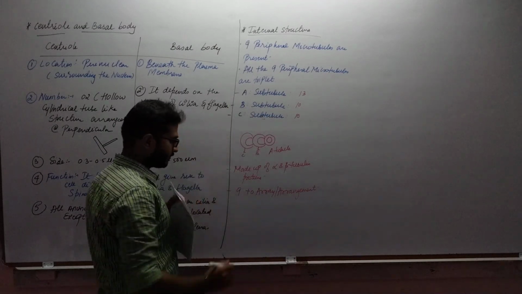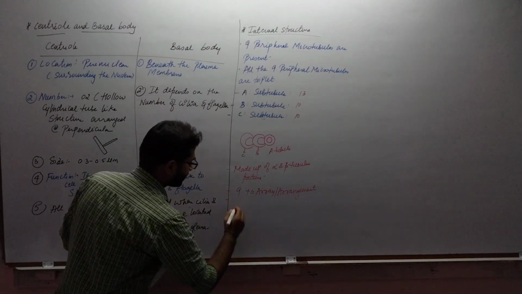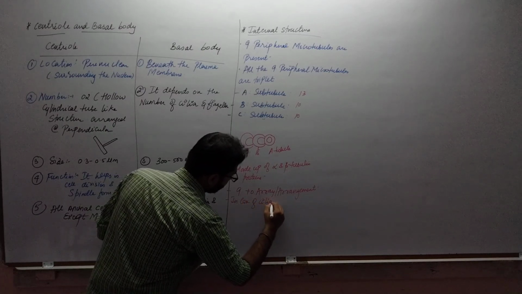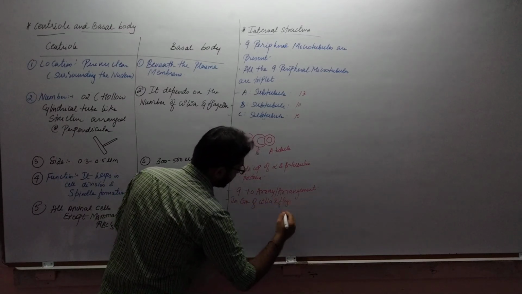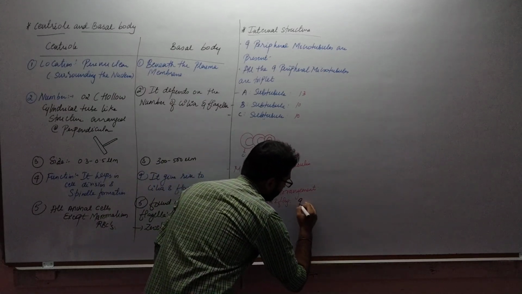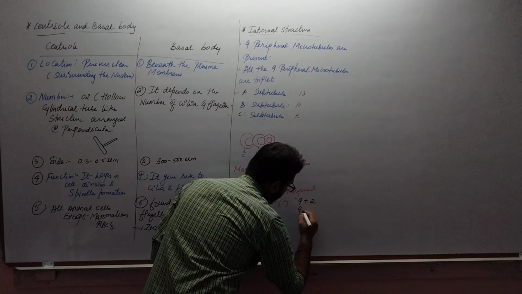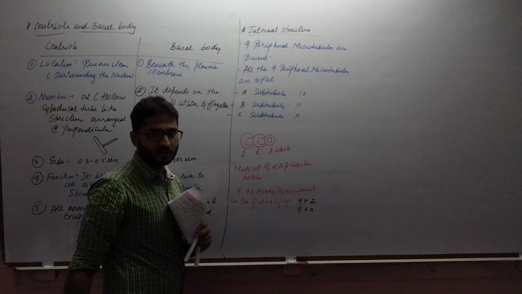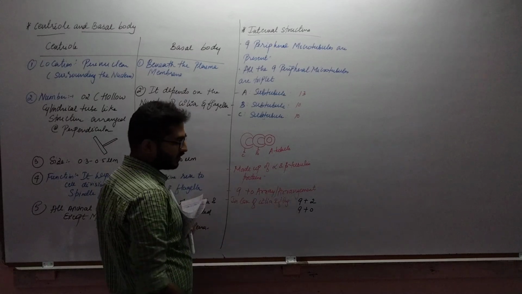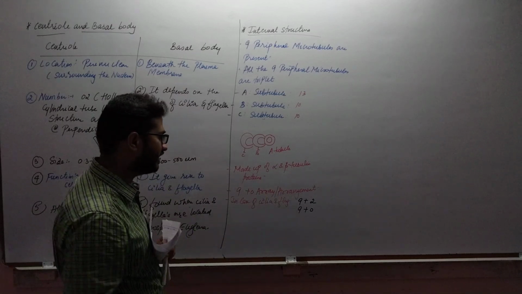If you remember, in case of cilia and flagella, the arrangement that we have seen is 9 plus 2, 9 plus 0, right? Gynoecilia, stereocilia. 9 plus 2 in the gynoecilia, 9 plus 0 in the stereocilia we have seen.